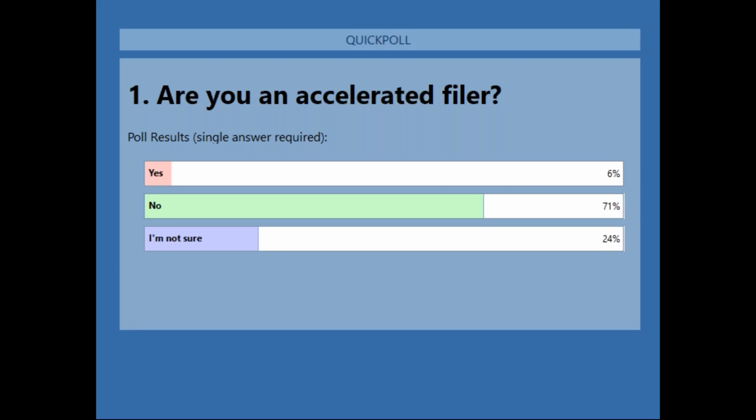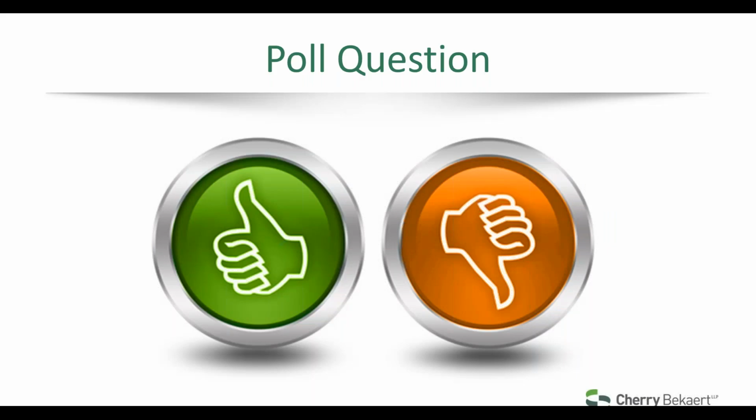So for those that are saying you're not sure, you may want to start reviewing. And the key there, just so you know, is that if you are a public business entity, and let's say you're a June 30 entity, the revenue recognition standards start for you effective July 1st, 2018. So let's get to that one.